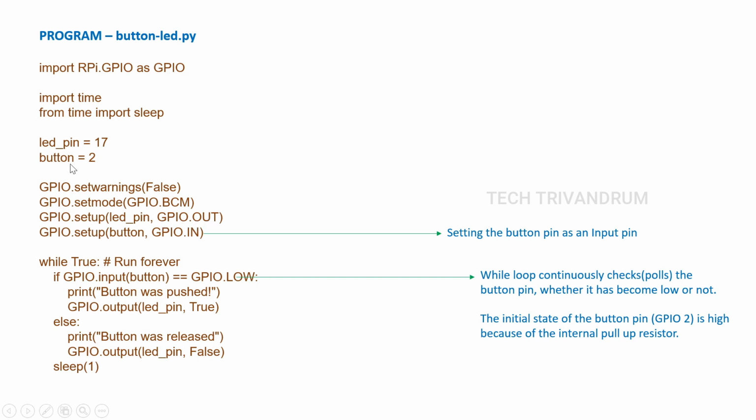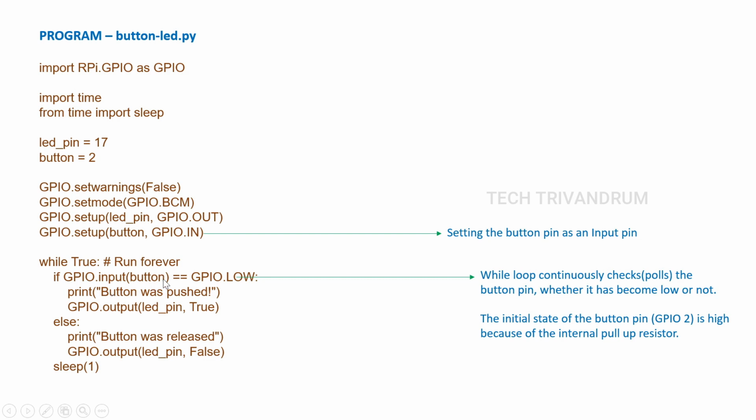The button is connected to GPIO pin number 2, and it should be set as an input pin because we are reading state changes of this pin. So it must be configured as an input pin. For that we will use GPIO.IN, this parameter. This will set the pin as an input pin.